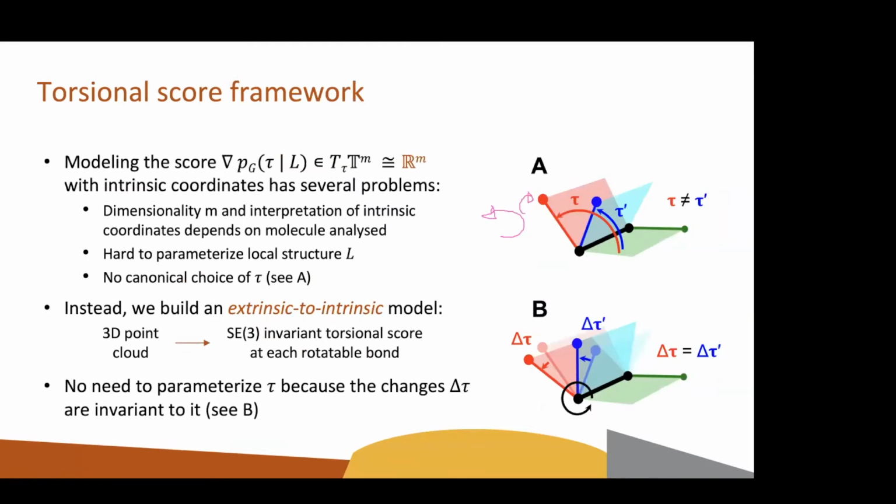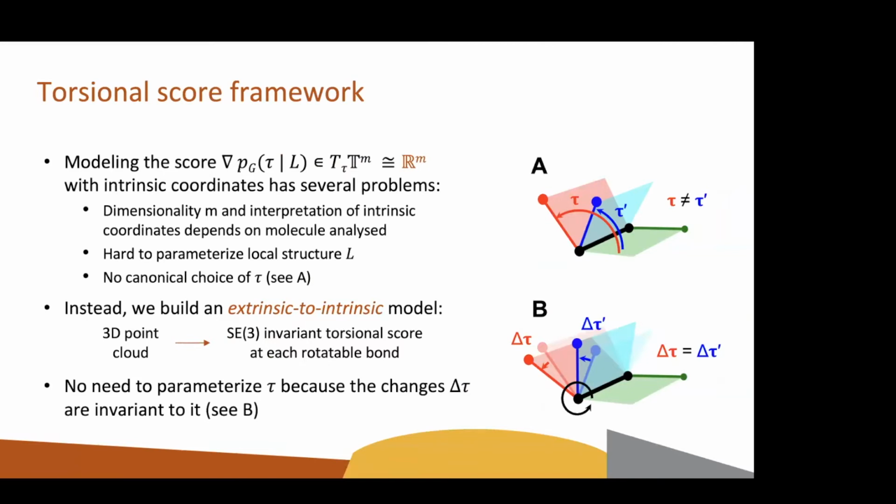Okay, so now that we have defined a diffusion process on the torus and have a handle on the ingredients that we need, the next step is to figure out how we're going to develop our score model. So first we note the input and output spaces. The output space needs to be the tangent space of any point on the torus. And luckily, that's just the normal Euclidean space R^m.